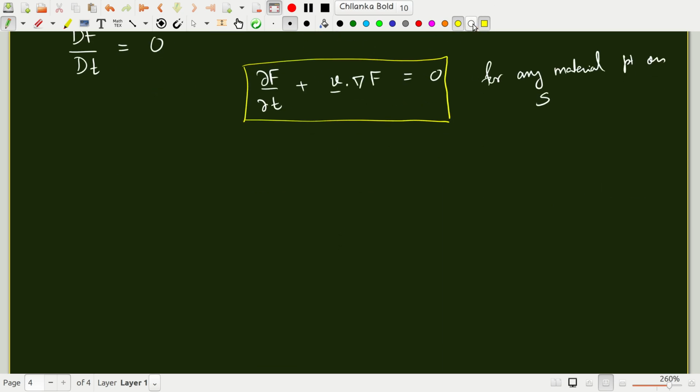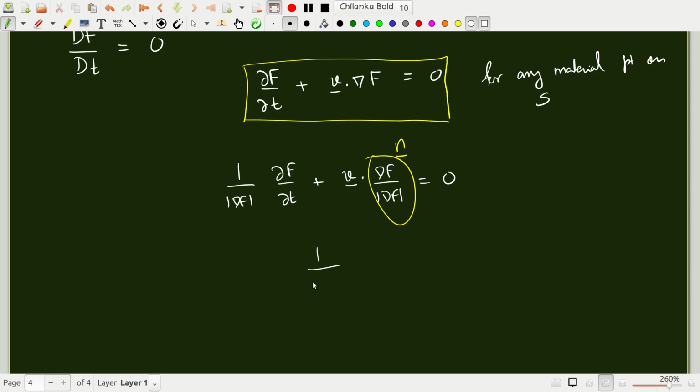Now this can also be written as, okay, now I can divide the entire equation by mod grad f: (∂f/∂t)/|∇f| plus v dot ∇f/|∇f| is 0. But I just told you that this is the unit normal to the interface. So we have (∂f/∂t)/|∇f| plus v dot n is 0.